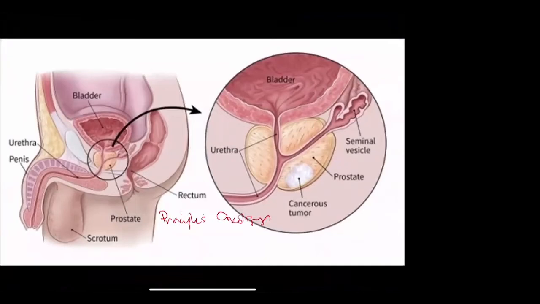Basically, clear margins, adequate resection. It means many different things, but the main principle of any surgery when dealing with cancer is, in layman terms, you want to take everything out, correct? To take everything out is the best way to make sure you got no cancer left. And of course, you take as much as you can.